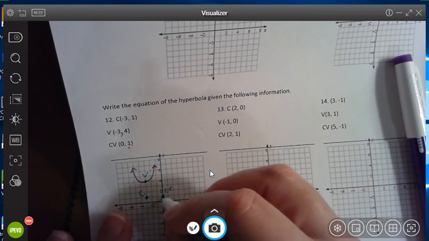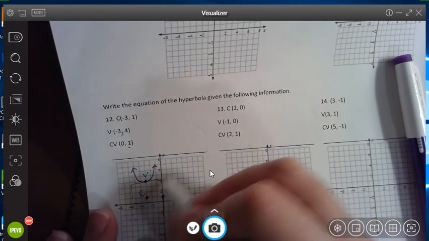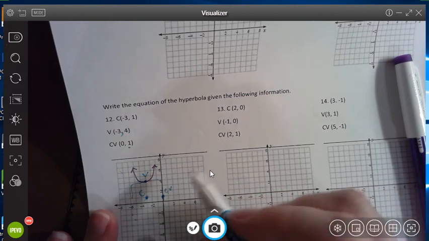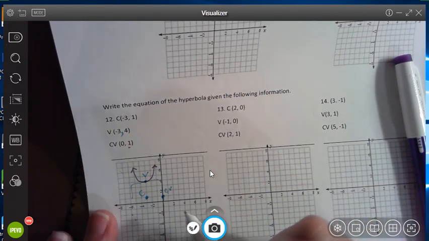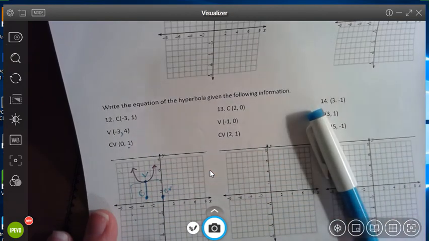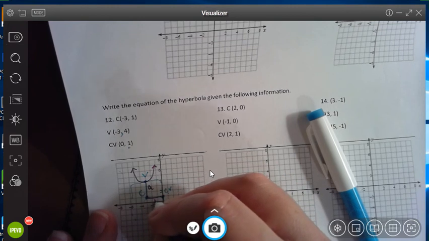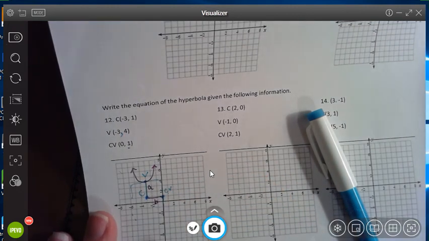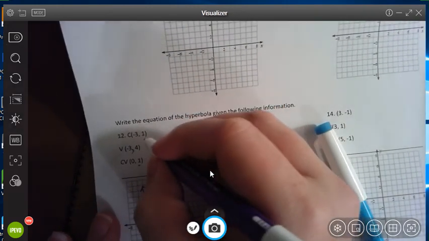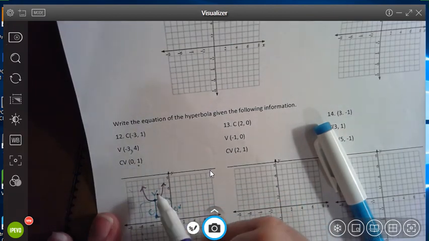So that means this would be like creating that box thing. That's the only reason we have the covertex, to get our diagonal lines. Okay? So all this is asking us to do is to write the equation. So this distance right there is A. And this distance over here is B. Okay? Your center is going to tell you what you're putting in with the x's and y's.